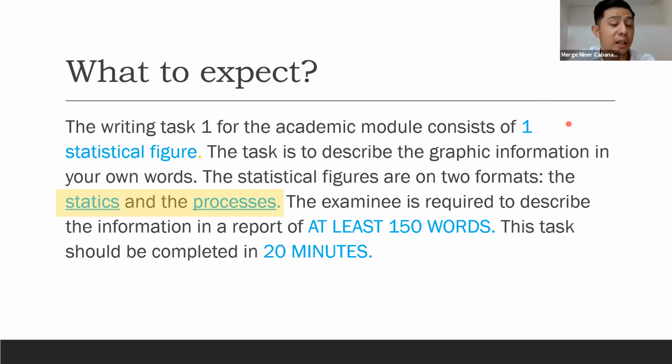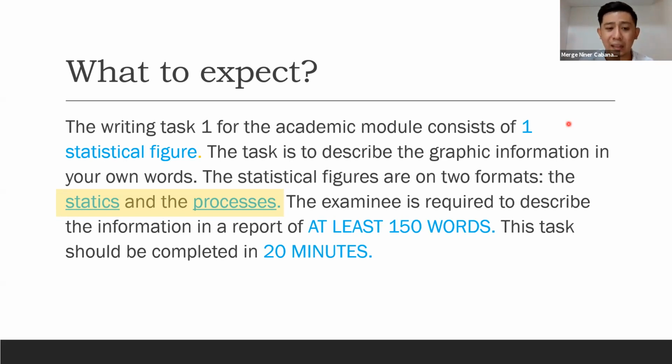So if you are trying to compare, static writing consists of multiple figures. You will not just see 1, it's a minimum of 2, maximum of 4. So it makes it a bit more difficult for test takers, especially with the bulky type of discussion that you're going to present.